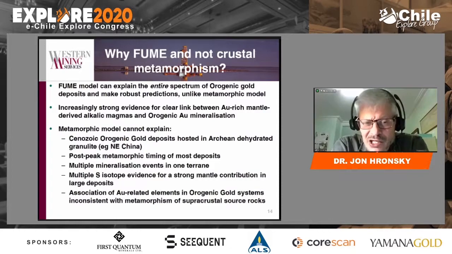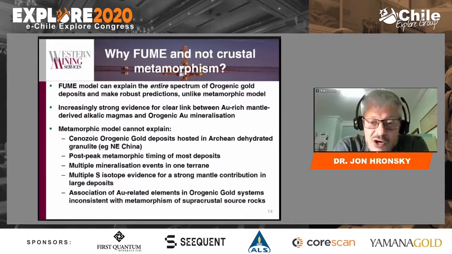We see a very clear post-peak metamorphic timing of most orogenic gold deposits. Once again, inconsistent with a crustal metamorphic origin. We clearly see multiple mineralization events in one terrane. If it was metamorphic, we should see one timing related to metamorphism. The multiple sulfur isotope, the delta Cap33 sulfur evidence indicates a strong mantle contribution, particularly in the larger deposits. And then we see an association of gold-related elements in orogenic gold systems that's inconsistent with metamorphism of supracrustal source rocks. So yes, quite a number of reasons why we think that.